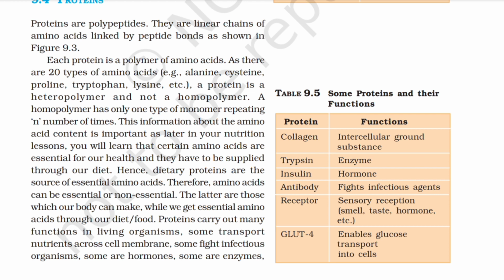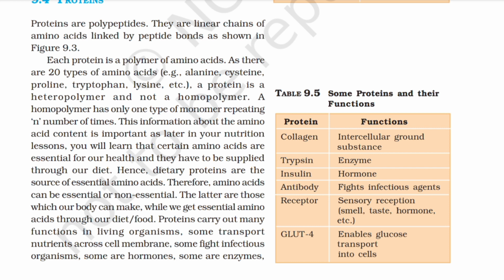Example: alanine, cysteine, proline, tryptophan, lysine, etc. A protein is a heteropolymer and not a homopolymer. A homopolymer has only one type of monomer repeating n number of times.